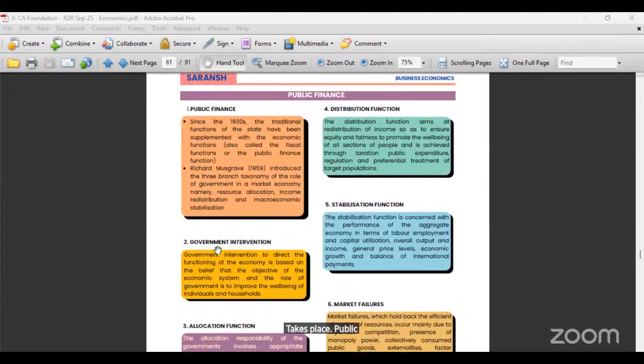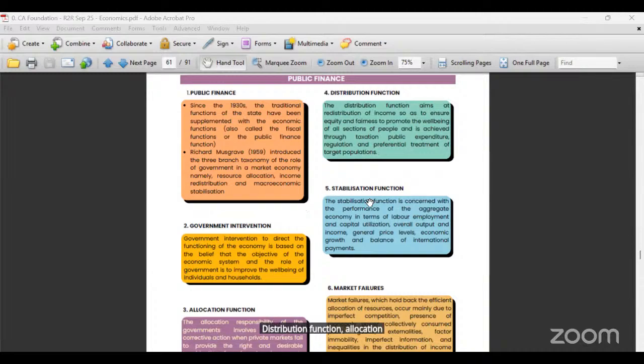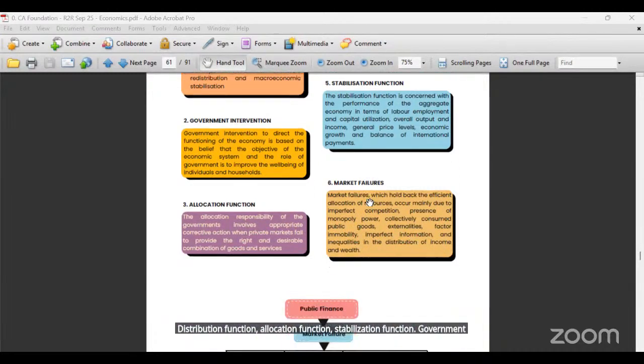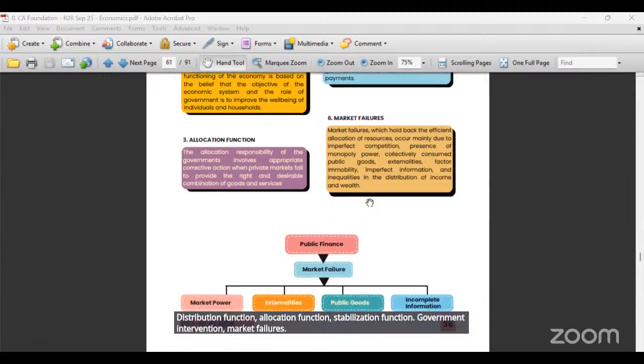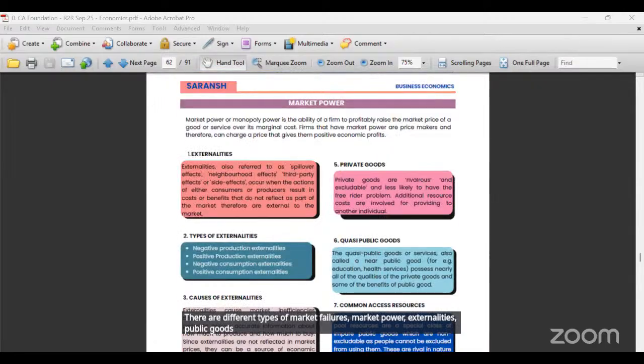Public finance, 10% from this chapter: distribution function, allocation function, stabilization function, government intervention, market failures. There are different types of market failures: market power, externalities, public goods, and incomplete information.